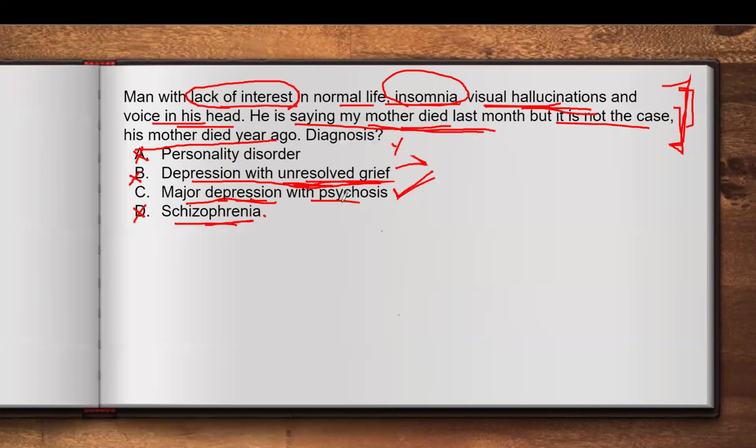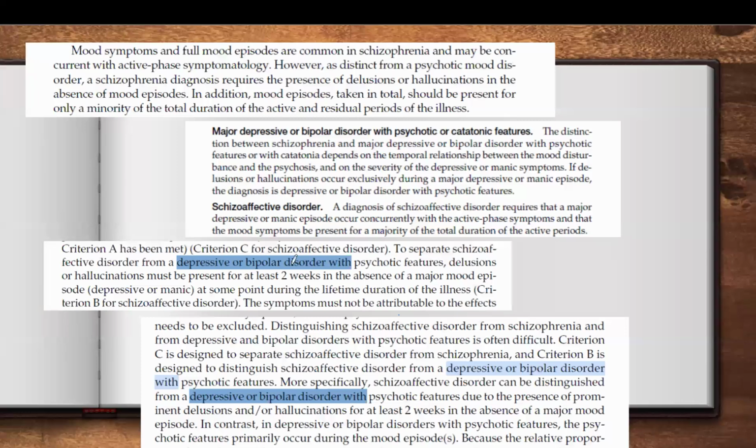Major depression with psychosis. I have attached these references, again, from the DSM-5 criteria PDF. Okay, so you can see here the distinction between schizophrenia and major depressive or bipolar disorder with psychotic features depends upon the relationship between mood disturbance and psychosis and severity.